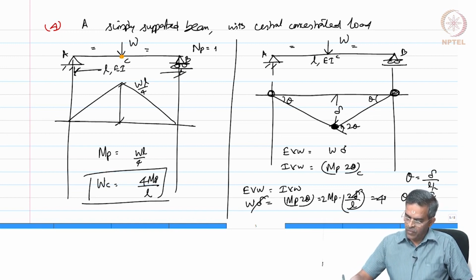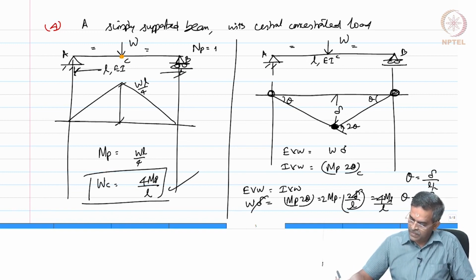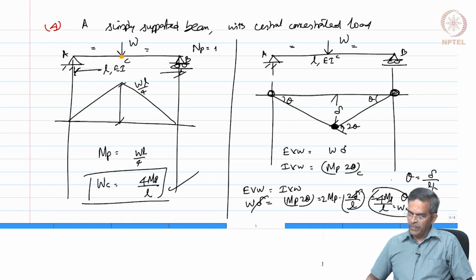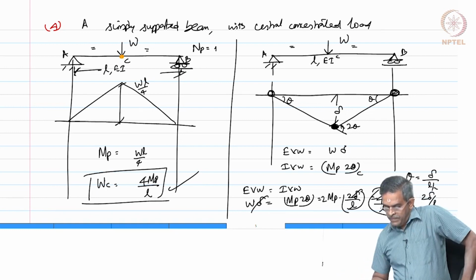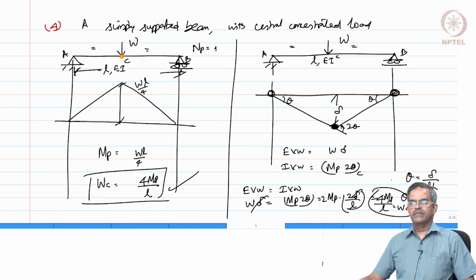So, that is 4 MP by L, which is exactly same as this. So, that is WC, is it not? So, these are simple problems where we are able to find out the collapse load straight away without any iterations. Okay?